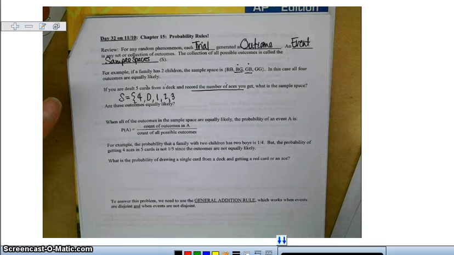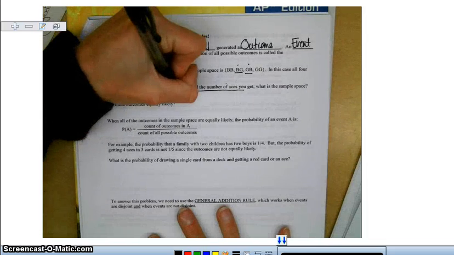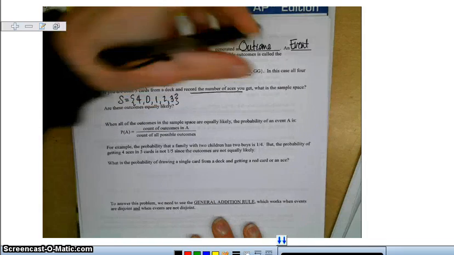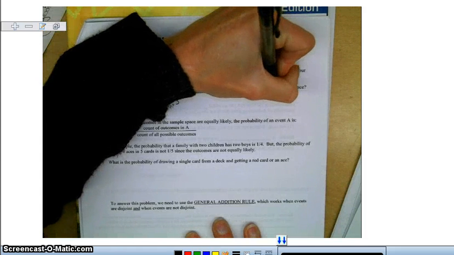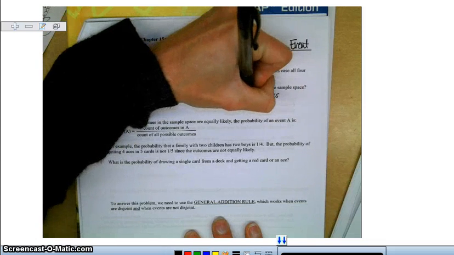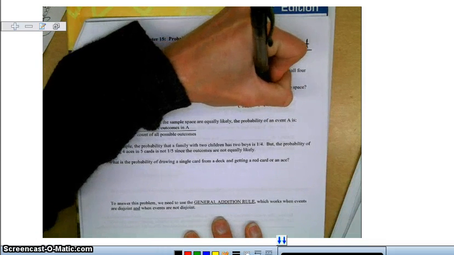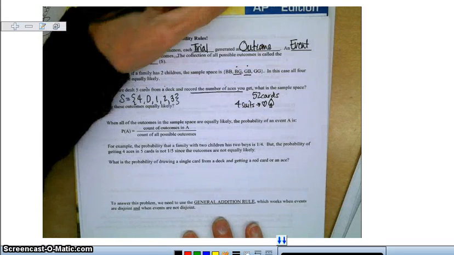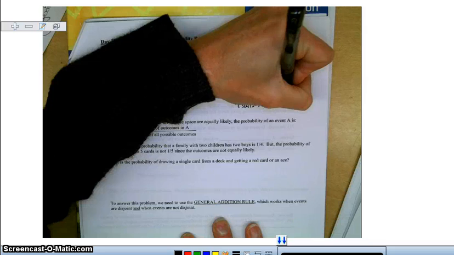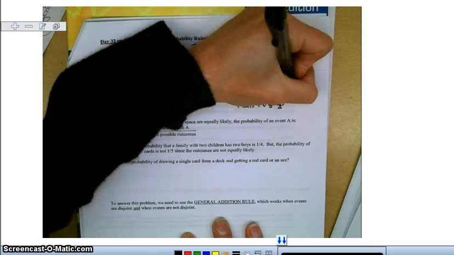Do any of you not know about a deck of cards? A deck of cards has 52 cards. There are 4 suits: hearts, spades, clubs, and diamonds.